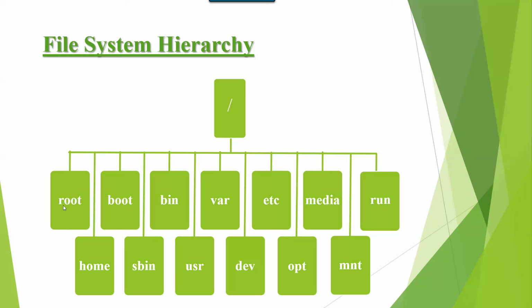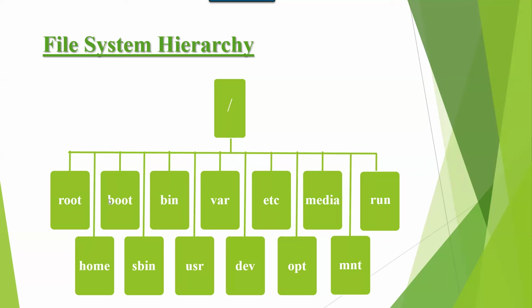Root is the home directory for super user. If you log in as a super user and create any files or directories, the data is going to be stored under root. Home is the home directory for normal user. As a normal user, if you log in to your computer and create any files or directories, the data is going to be stored under home.